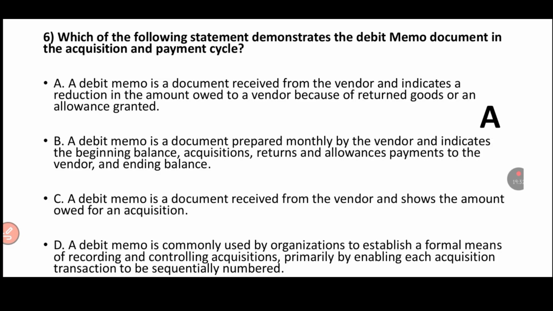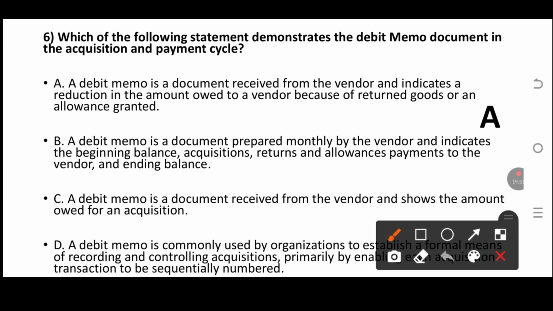Okay, so let's see. A. A debit memo is a document received from the vendor and indicates a reduction in the amount owed to a vendor because of returned goods or an allowance granted. B. A debit memo is a document prepared monthly and indicates the beginning balance, acquisitions, returns and allowances, payments to the vendor, and ending balance.